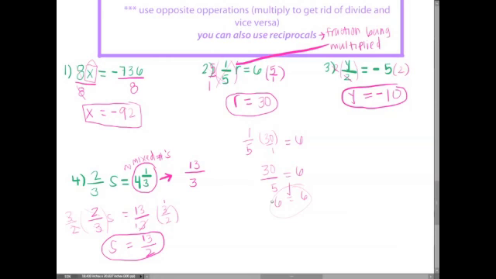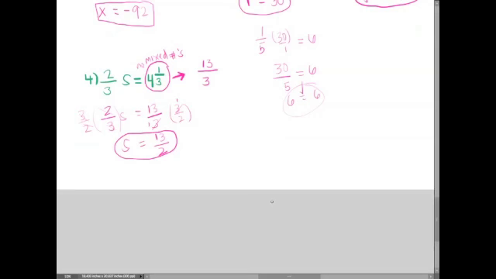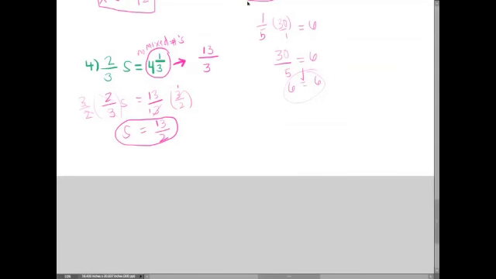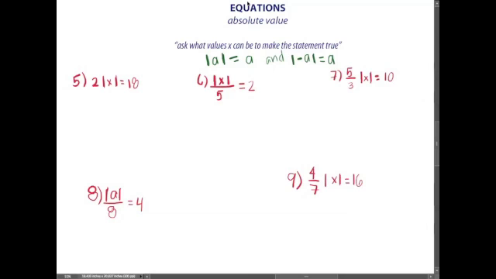Okay. The last thing that I want to look at with you is absolute values. And so equations with absolute values, we want to basically ask ourselves, once we get x by itself, what do we have to plug into that absolute value to make the statement true? So I've given you 2 statements here. Remember that when you put a positive number into an absolute value, you end up with a positive answer.